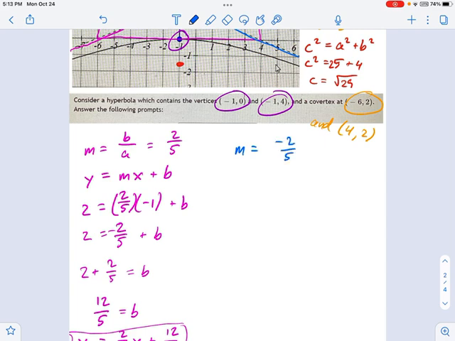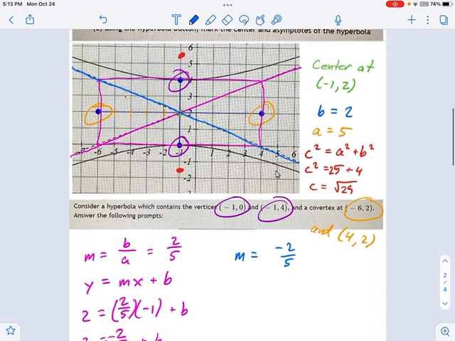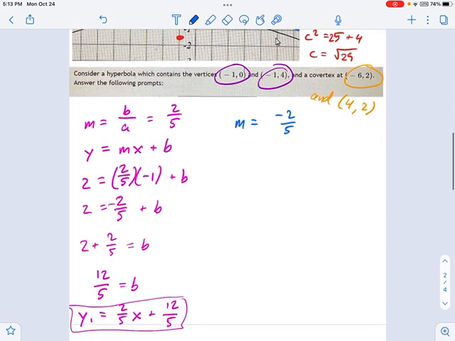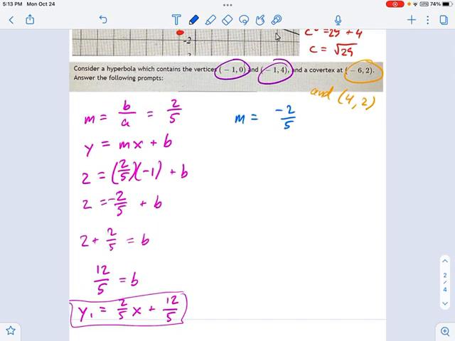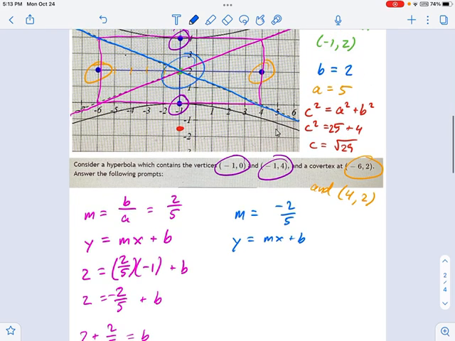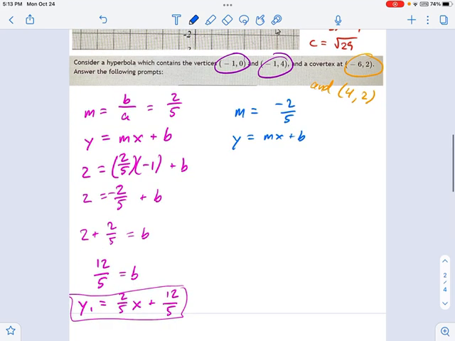Don't get confused with perpendicular. These two asymptotes are not perpendicular to each other. They just have opposite sign slopes. So we plug this into the y equals mx plus b equation again, using the center point at -1, 2. So y equals 2, m is this -2/5, x is -1, and I have plus b.